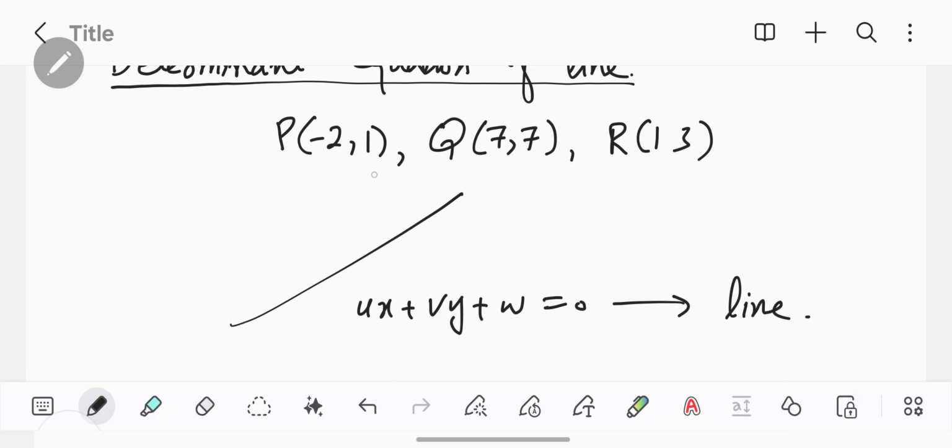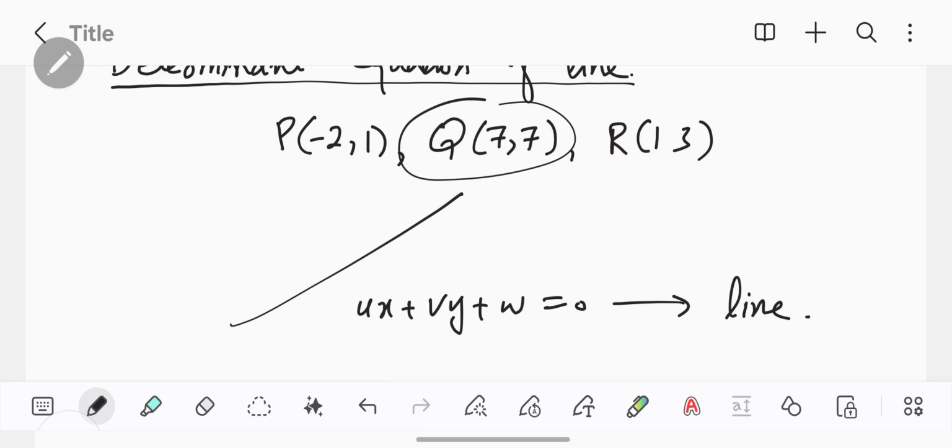If you want to see whether this point is lying on this line or not, since this is x and this is y, you will replace x and y by these two values. If the equation gives you the correct answer, that means this point is on this line.